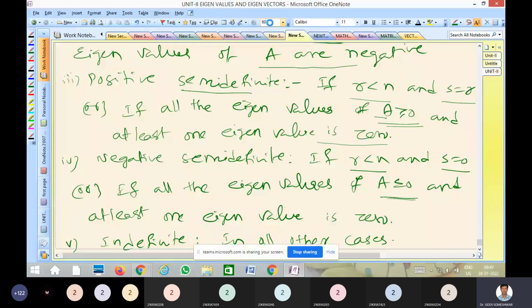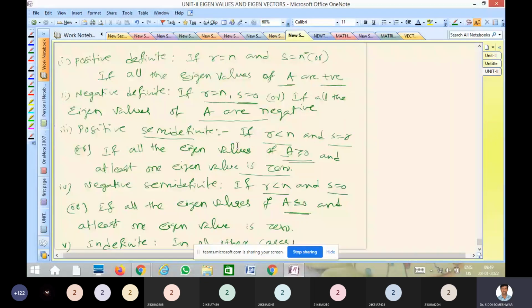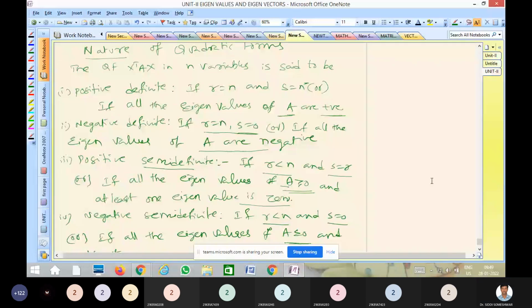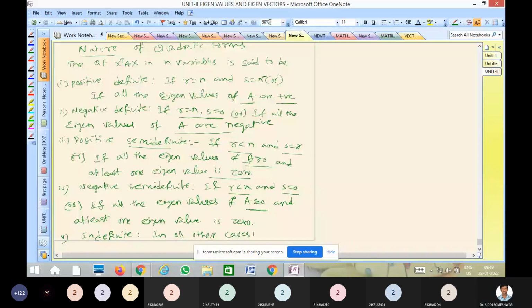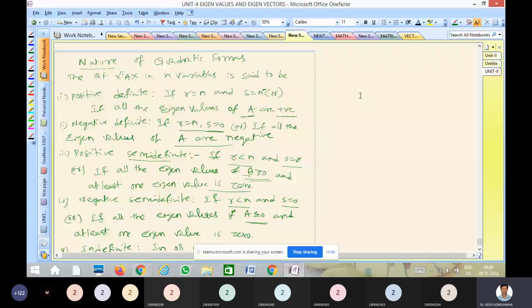So here you have 5 points under this nature of quadratic forms. We are checking the nature of the quadratic form X transpose AX by observing the rank, number of unknowns, and index of the quadratic form.